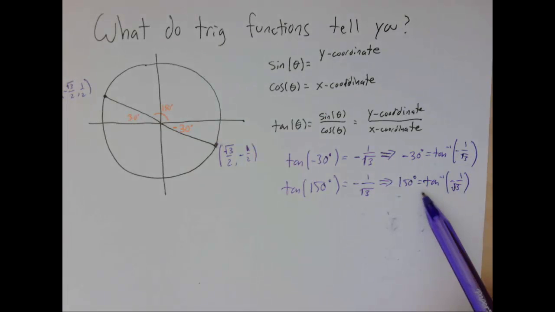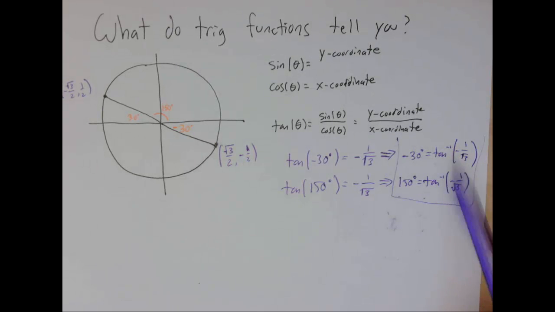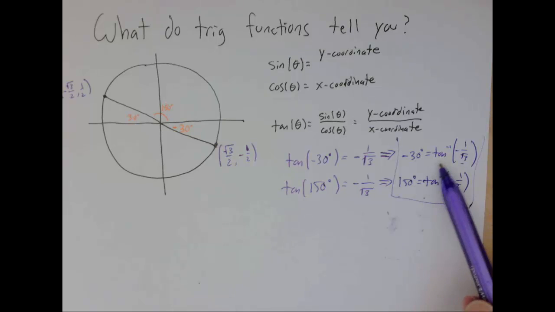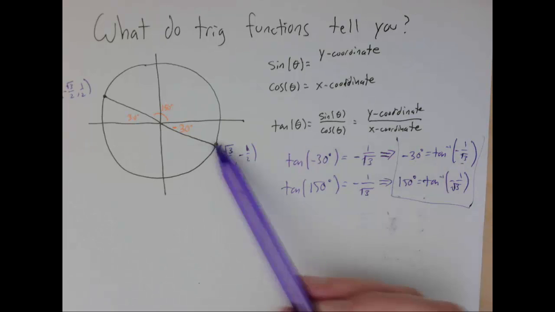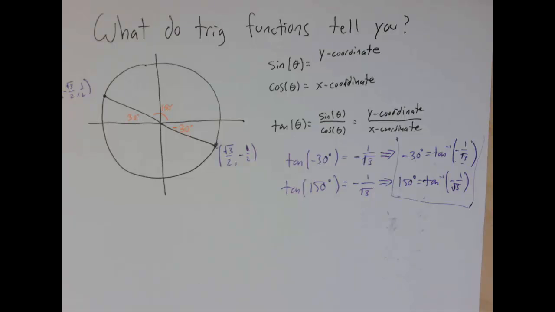And this can't possibly be true, both of these at the same time, because as you can see, inverse tangent takes the same input, but would be giving two different outputs. That would mean that it wouldn't be a function. But it is a function. So what's going on here? Why can't inverse tangent actually give you these two different angles?